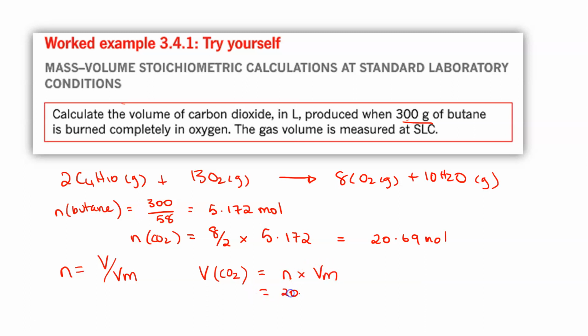Substitute in the values from the question that we have, 20.69 multiplied by Vm from the data booklet, which is 24.8, and we end up with a total of 513 litres of CO2 being produced. So that one should be nice and straightforward. It's just remembering to use that n is equal to V on Vm equation.